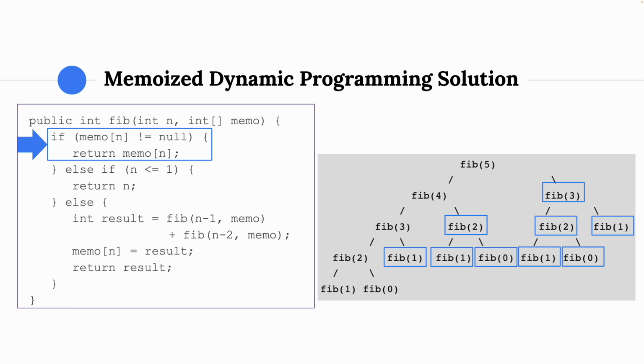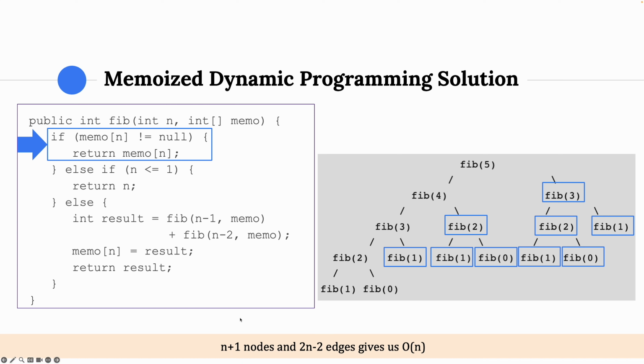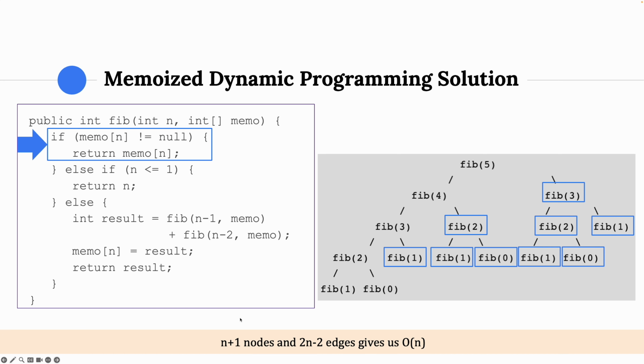And then for all other cases, we already have the answer. So what's going to happen here is if your n is 5, you actually have n plus 1 nodes in this subtree, right? And then you have 2n minus 2 edges, or 2n minus 2 recursive calls. Therefore, that's going to give us a big O of n as the upper bound for this particular code.